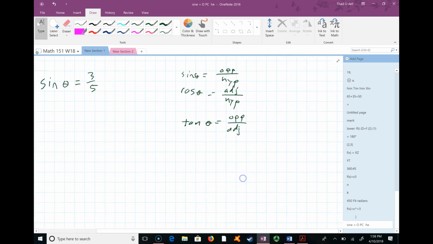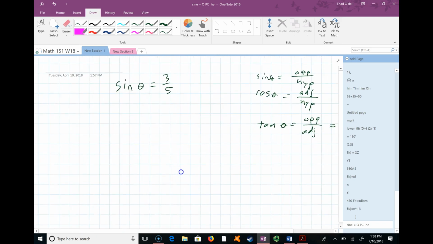And then we quickly connect that to the fact that tangent is equal to sine over cosine, because opposite over hypotenuse divided by adjacent over hypotenuse would be opposite over adjacent.